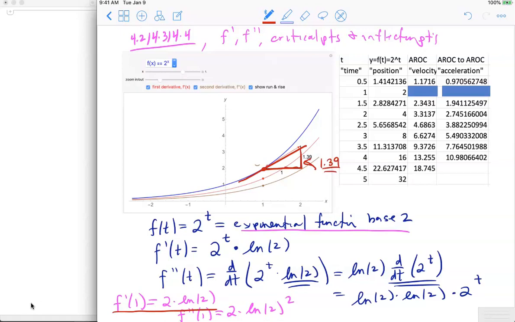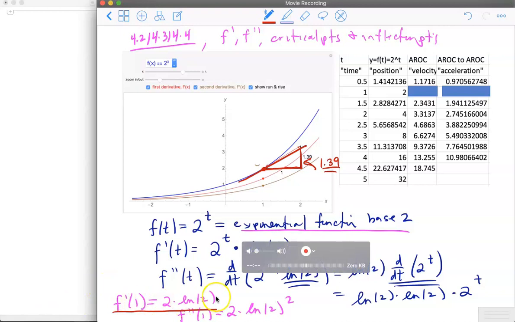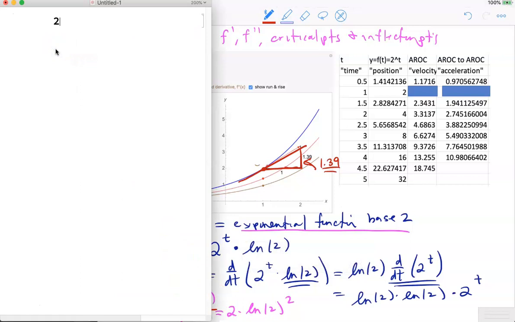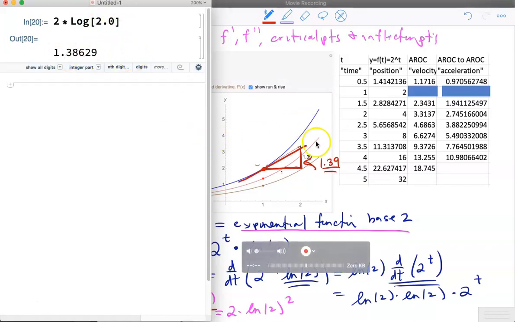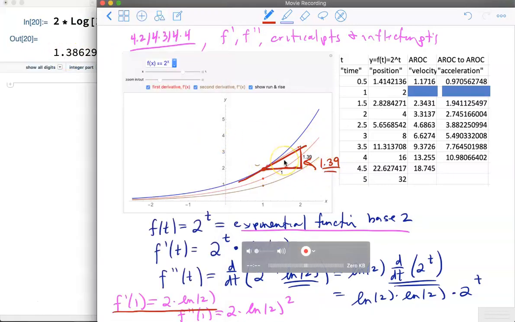So that is what f prime at 1 was supposed to be graphically, 1.39. Now let's check that 2 times the natural logarithm of 2, converted to a decimal on my calculator, is 1.39. So that's where this 1.39 comes from.